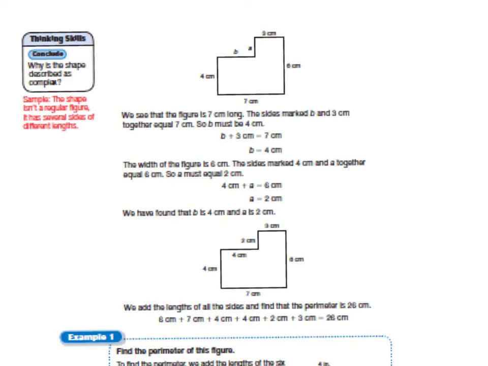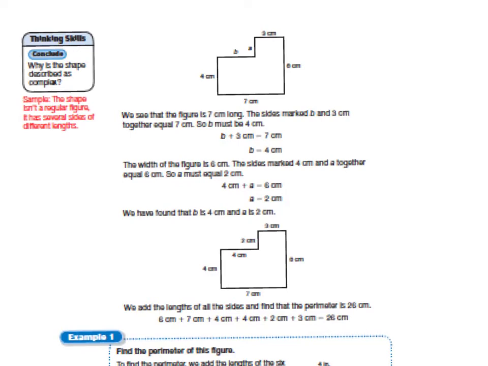In other words, this one goes straight across in one line, this one goes straight here, but it also continues up here, so the B and the 3 together would be the same as the 7 on the bottom. So that means that B must be 4 because 4 plus 3 would make our 7. So I hope that that's clear in your picture.